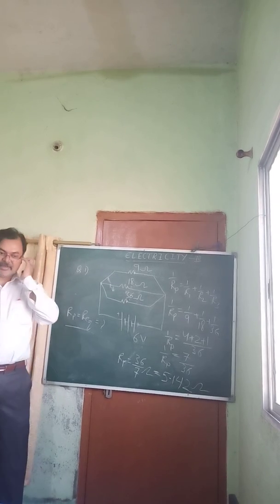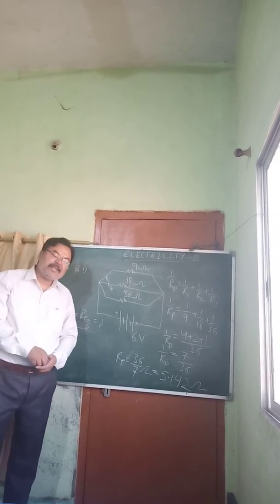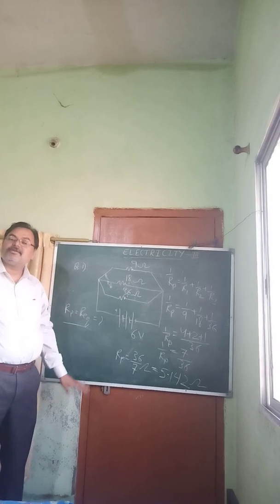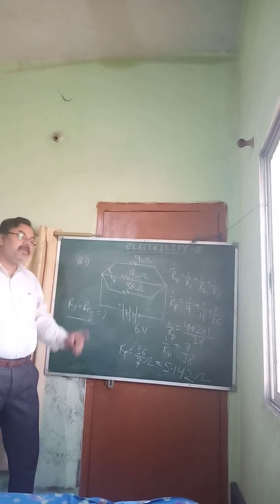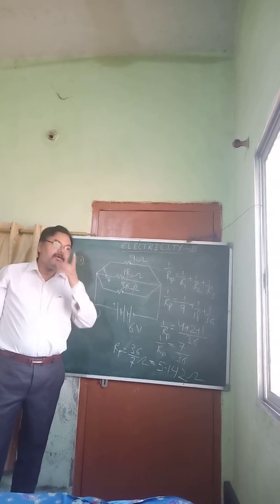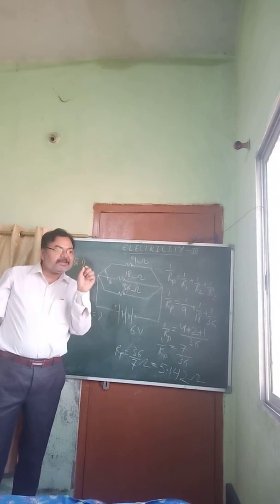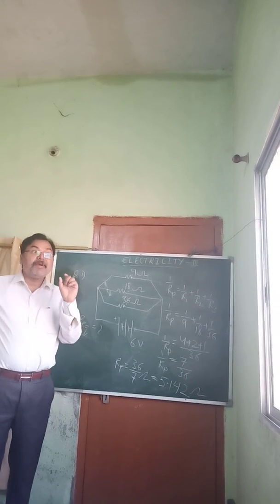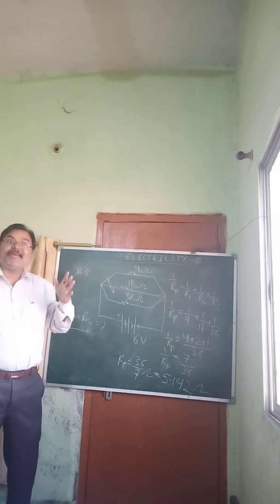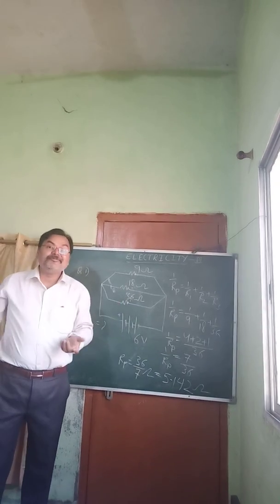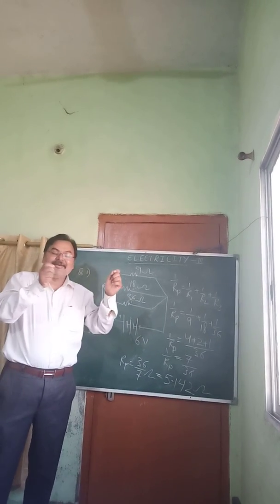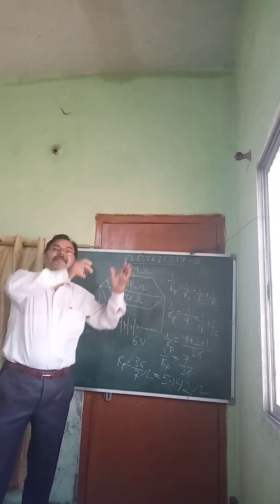One more thing we can say. In series you have seen that we used to add the resistors. So we can use the series combination where we have resistors of smaller resistance, but we require in a circuit a resistance of higher value. So we can connect them together, and we will get the higher value of resistance.